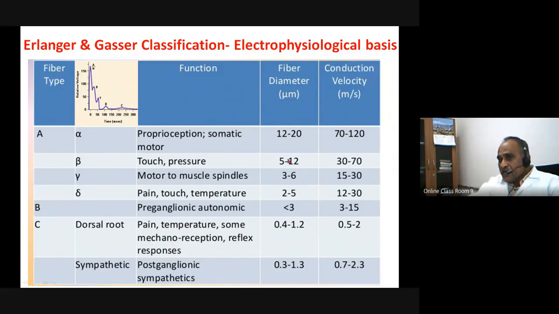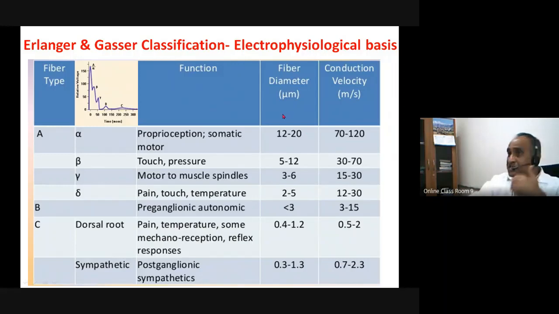And so then the next beta is 5 to 12. I make it half of that. So 20, 10. Then gamma, though the range is 3 to 6, I make it 10 by half, which is 5. 20, 10, 5. Then I will come back here, 2.5.